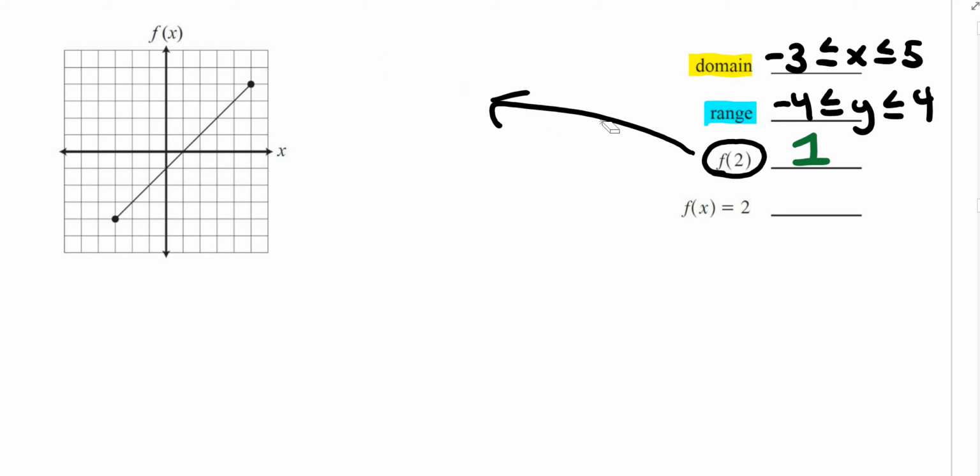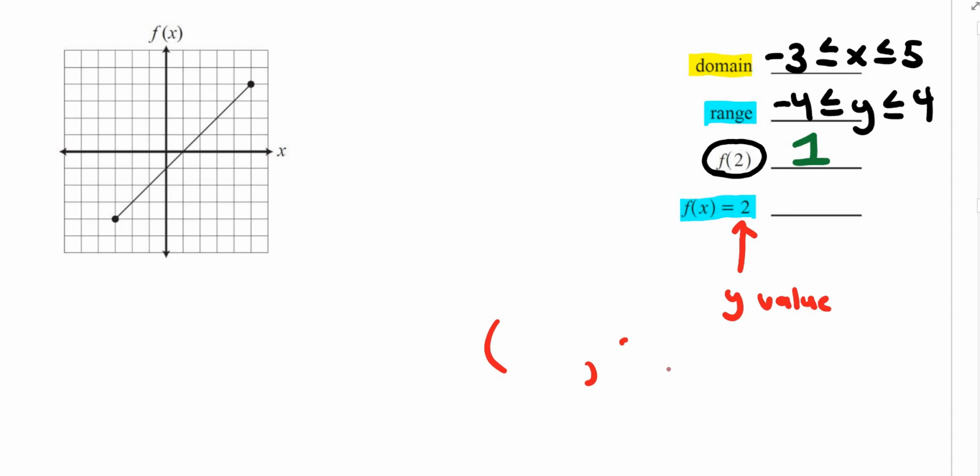And finally, the last question here is I have f of x equals 2, right? So basically this 2 now means that this is the y value. All right, so when the y value is 2, the question is, what is the x value? A very good way to do a problem like this is that you find your y value of 2, which is right there, and some students just draw a horizontal line right across that y value, and students are looking for the intersection point, which is right there, and the x value there is going to be 3, right?